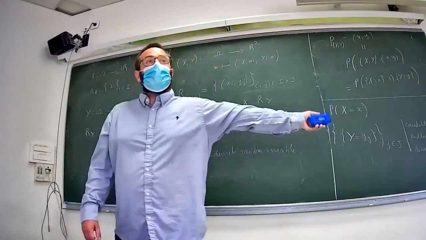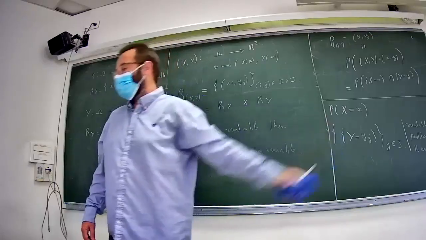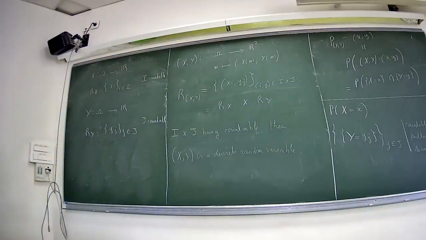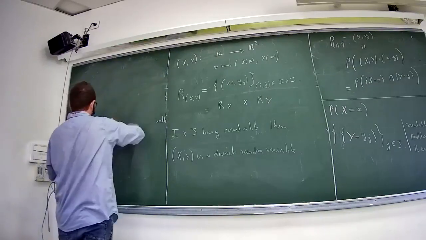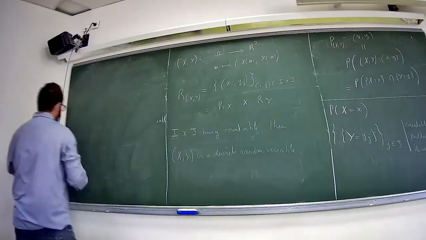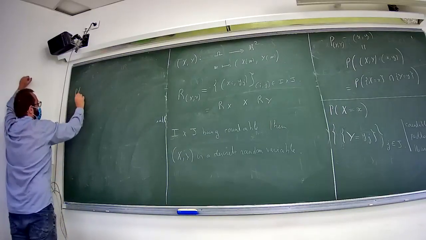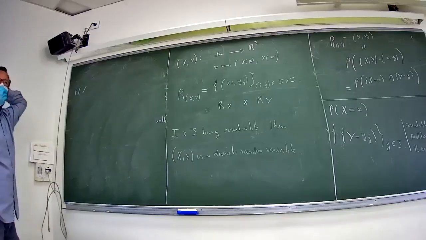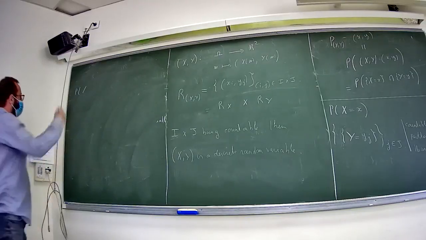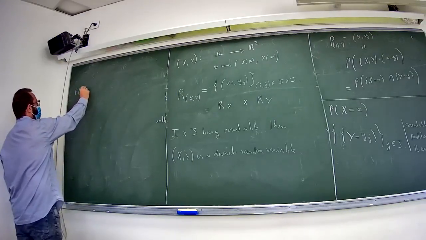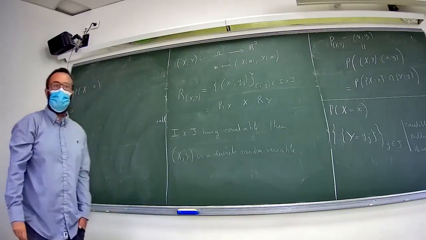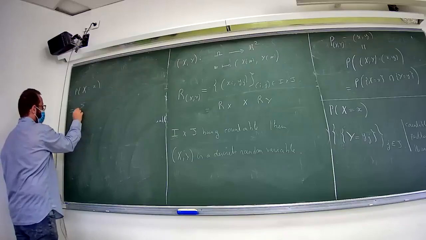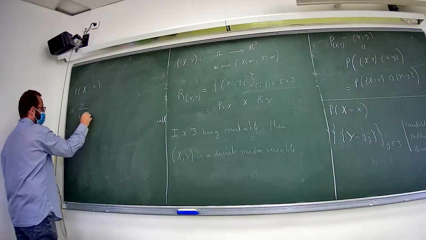Now when I have a partition of my universe, I can use the law of total probability. The probability that X is equal to small x can be written as a sum, that may be infinite or not, but whatever.